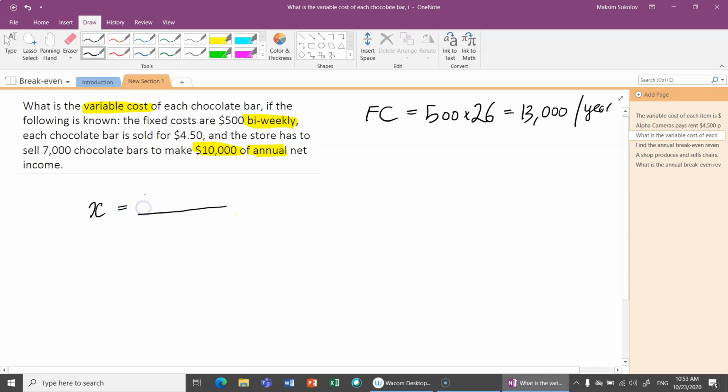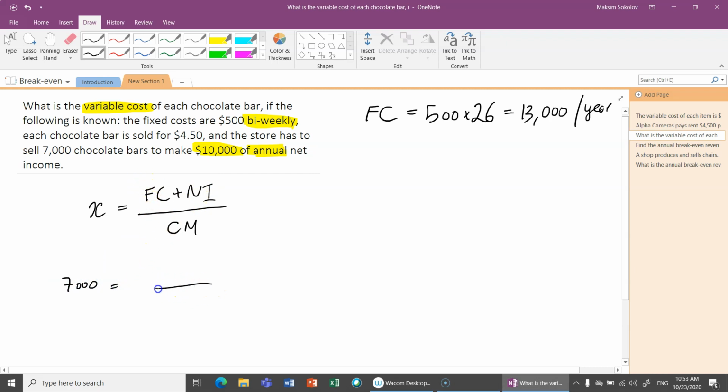This is a ratio which is fixed cost plus net income divided by contribution margin. Again, we are asking ourselves how many times we fit contribution margin into fixed costs and net income together. We know that we should sell 7,000 chocolate bars to make that net income. Therefore, X is 7,000.